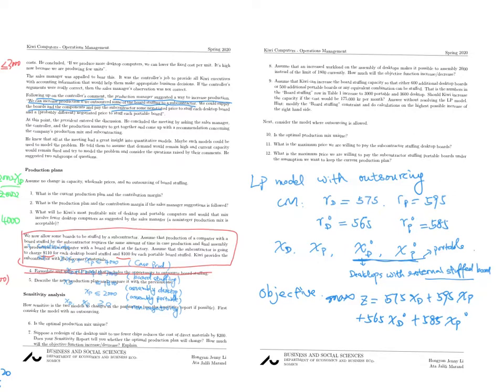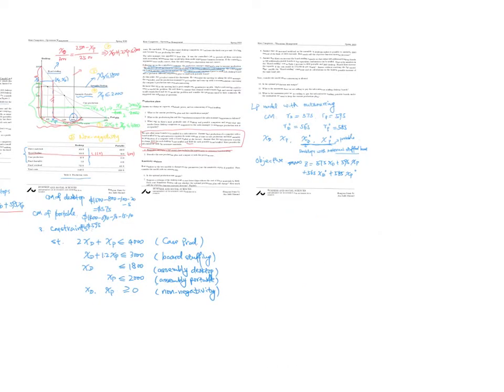Now let's work out the constraints. These are the original constraints without outsourcing. If you have outsourcing, the purpose is to increase your production. So apart from XD and XP, you also need to provide components or the processing jobs for your case production, assembly desktop, and assembly portable.